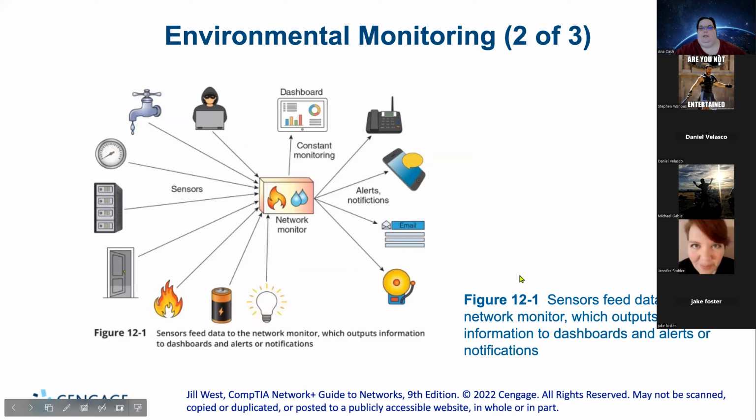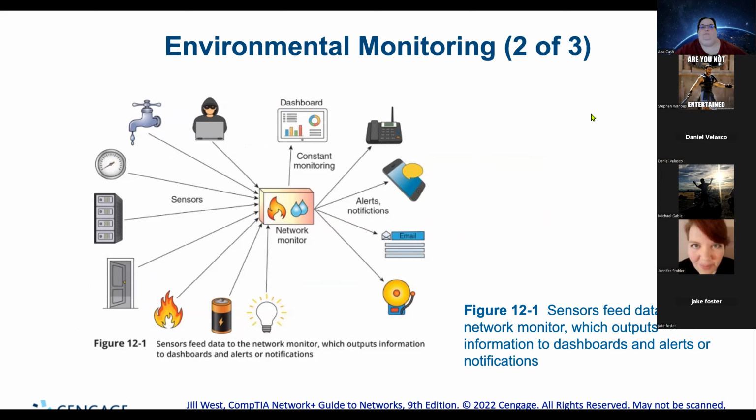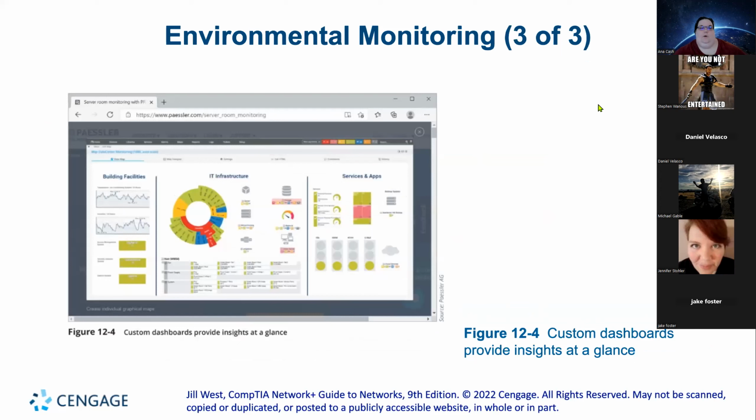All right, here's an example of sensor feed data. A lot of times you'll have a network monitor that will pull in centralized information for that. And this looks exactly like one I've used before. That's not the same one, but you'll see a lot of them that use that wheel with the same color scheme.